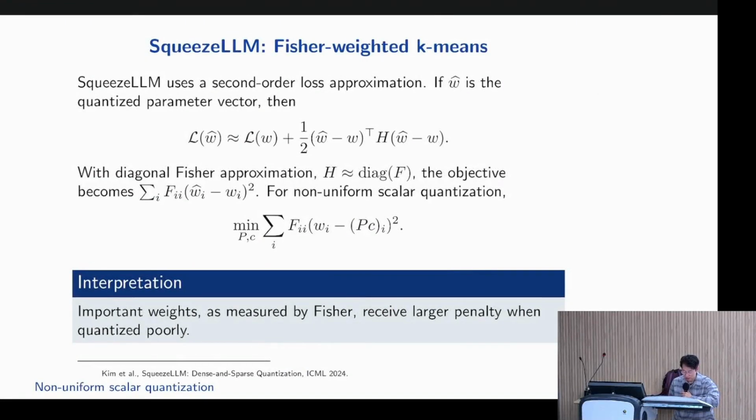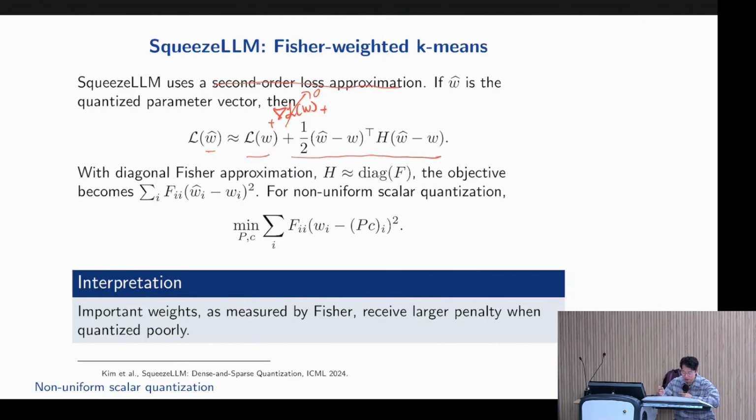Okay, so the following works introduce some weighting in the k-means objective. SqueezeLLM, for instance, uses second-order loss approximation. So the loss using this reconstructed weight W hat is the original loss plus gradient plus a second-order term, but we're going to assume this goes to 0 because we have sufficiently trained the network without any constraints.